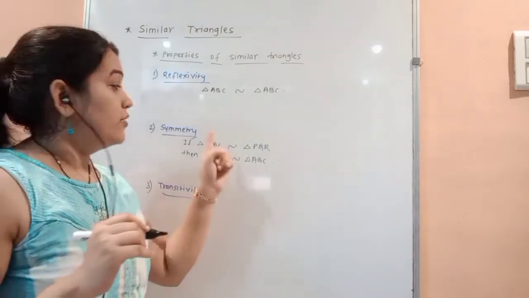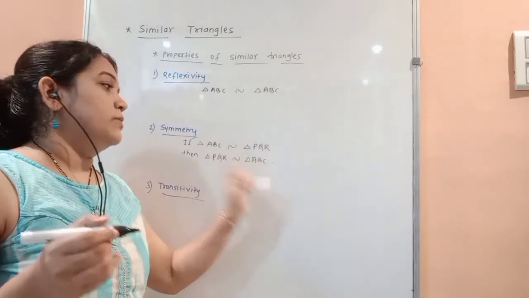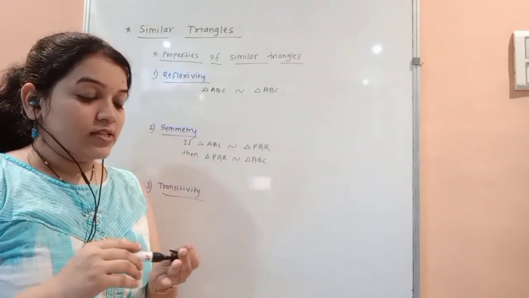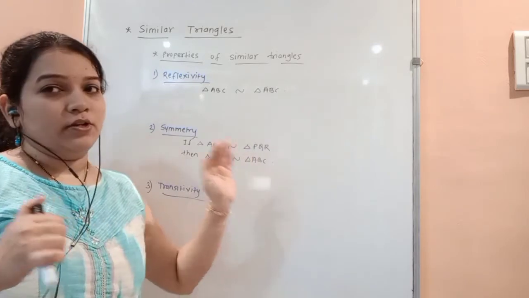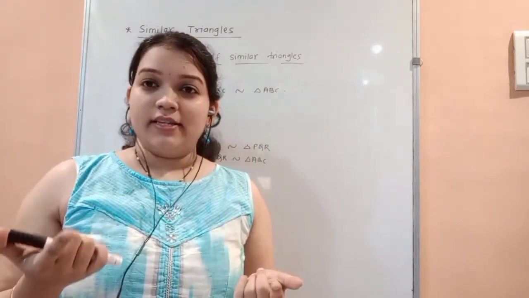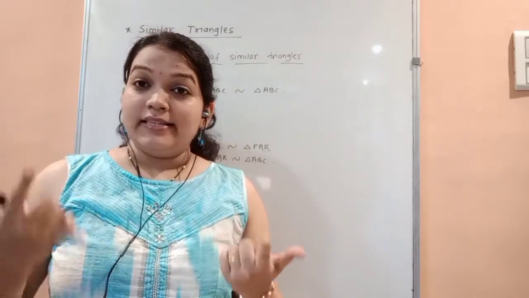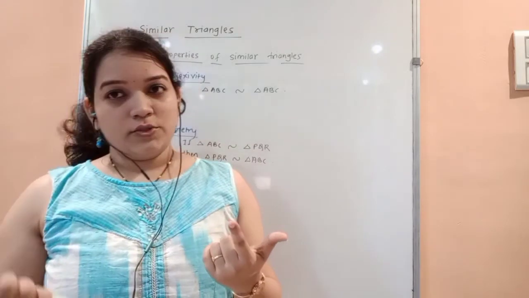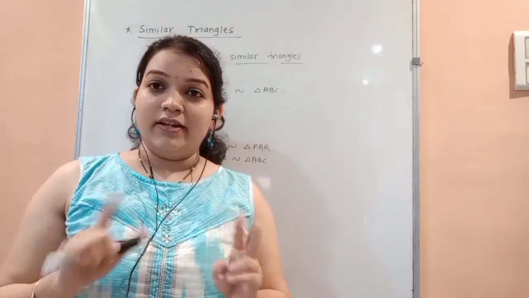Means if first triangle is similar to second one, then second one is also similar to first one. This is what symmetry is. Are you getting me, class? So symmetry is clear to you. Reflexivity means every triangle is similar to itself. And second one is if first triangle is similar to second triangle, then second triangle is similar to first triangle. We can write in both the ways.